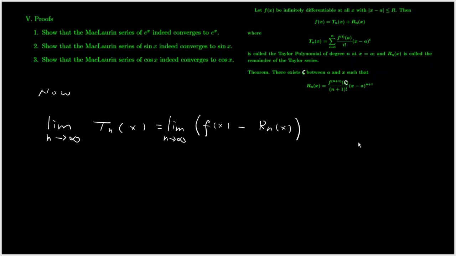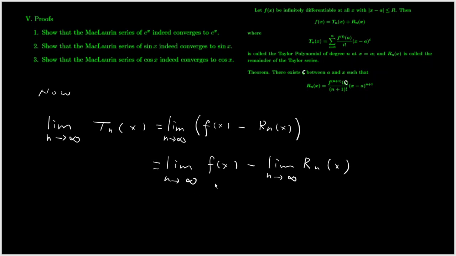So now let's recall that as n approaches infinity, the limit of the difference between two functions is equal to the difference between two limits. So we can write that as the limit as n approaches infinity of the function, minus the limit as n goes to infinity of R n of x. Now the limit is taken as n approaches infinity.